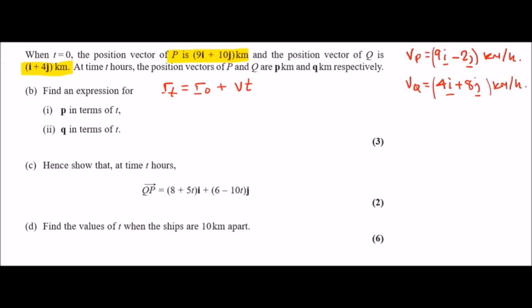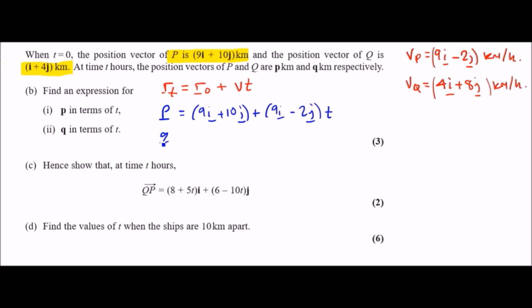Okay, so to find P, we just plug in 9i plus 10j for r0 and its respective velocity vector 9i minus 2j, and we just tidy up, and then we do the same thing for Q. So replacing r(t) with the letter P, r0 is going to be 9i plus 10j, plus the velocity vector of P, 9i minus 2j, times t.